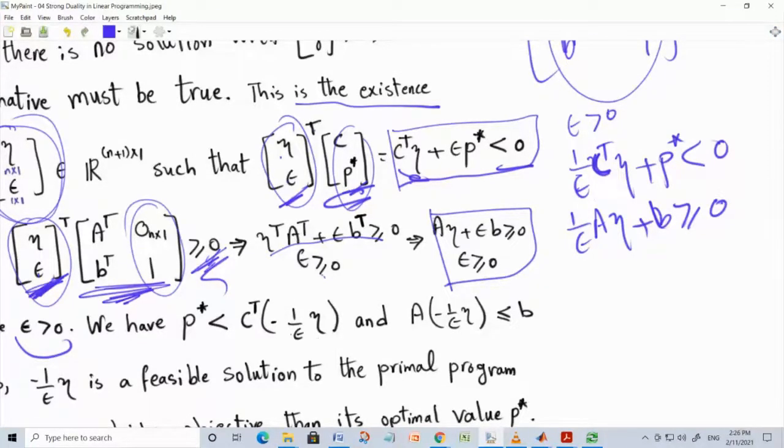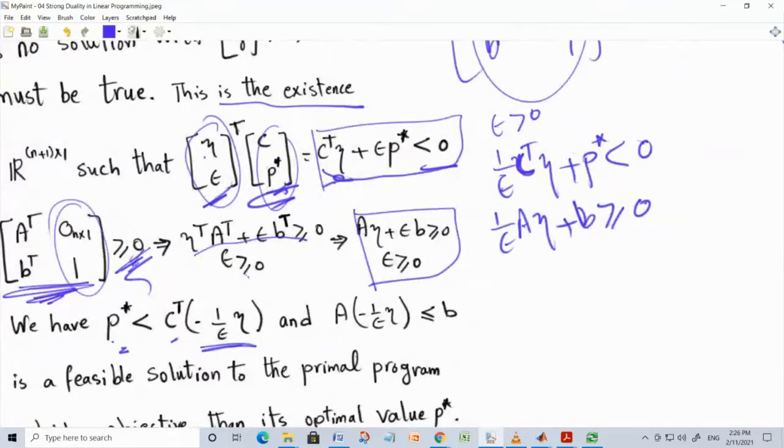Because now B star, the optimal objective, is less than C transpose multiplied by this vector eta. Epsilon is the last component in this vector, and vector eta is here, divided by epsilon. We can do this because epsilon is strictly positive. So C transpose multiplied by this vector is greater than B star, and A multiplied by -1 over epsilon eta is less than or equal to B.